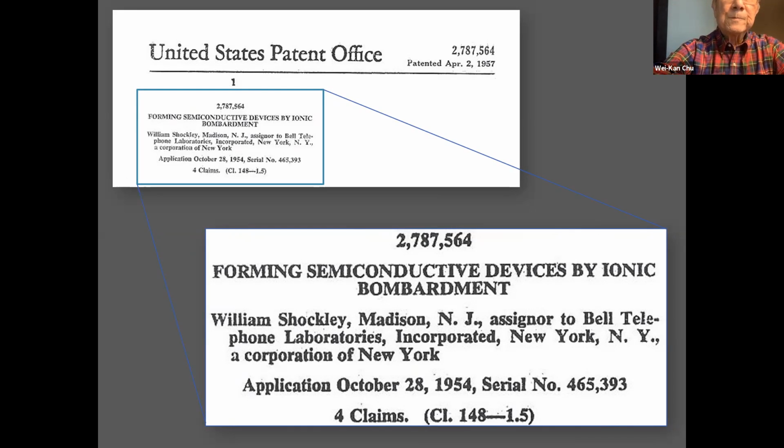By the time I'm talking about, almost 10 years ago, Shandu became the number 4 inventor of the world, while Thomas Edison was number 5. Thomas Edison used to be number 4.